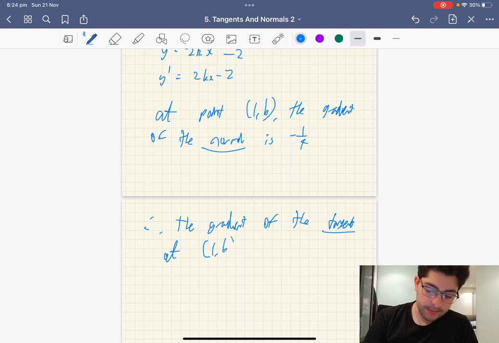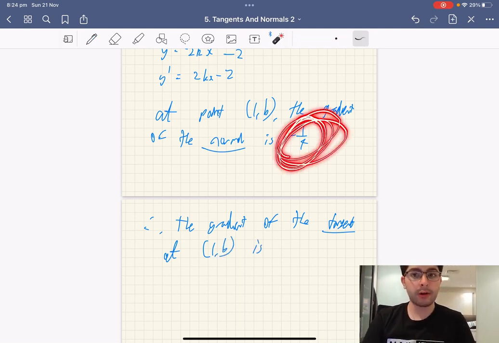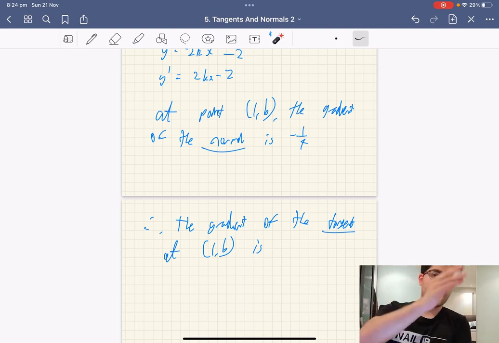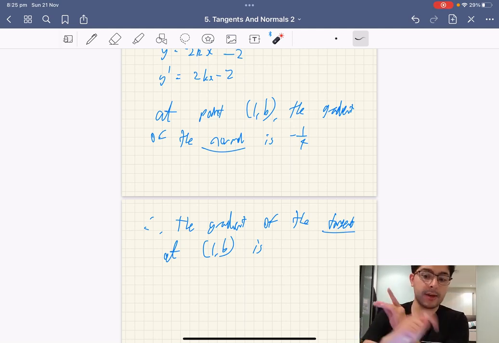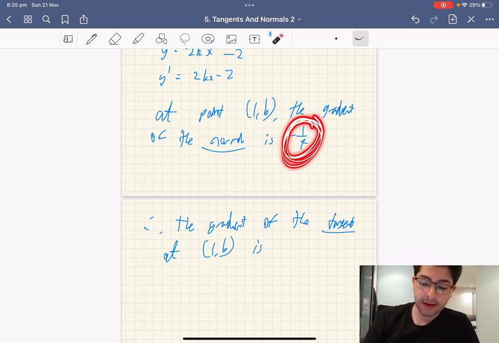at (1, b) is going to be the negative reciprocal of the gradient of the normal, because we know that the tangent and the normal are perpendicular. Therefore, the gradient of each respective one is the negative reciprocal of the other. So if this gradient is negative 1 over 4 for the normal, we know the tangent is going to be the negative reciprocal, so 4 over 1, and then times by minus 1.